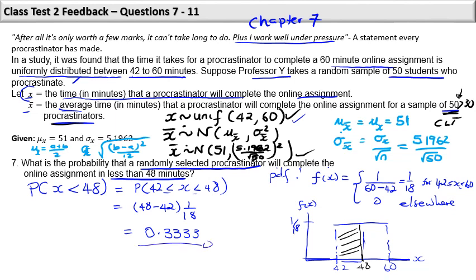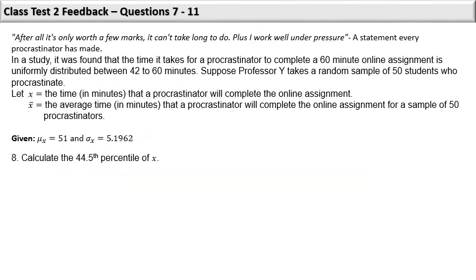All right, now we can move to our next question. For our next question, we are asked to calculate the 44.5th percentile of X. But you remember, we've said this, X follows a uniform distribution between 42 and 60.